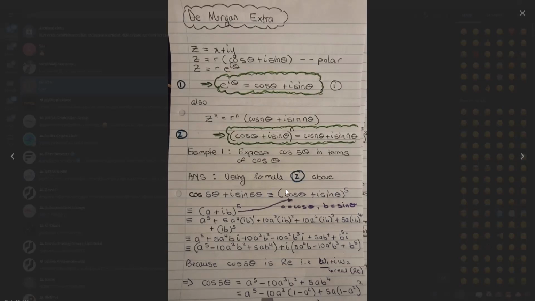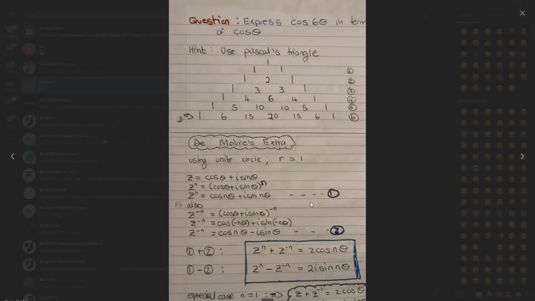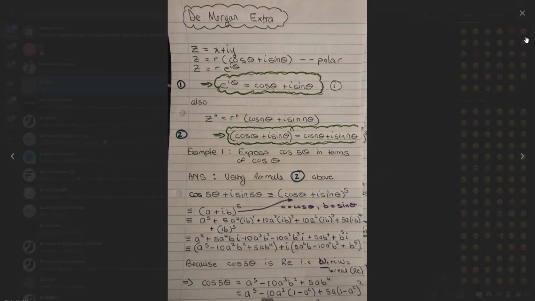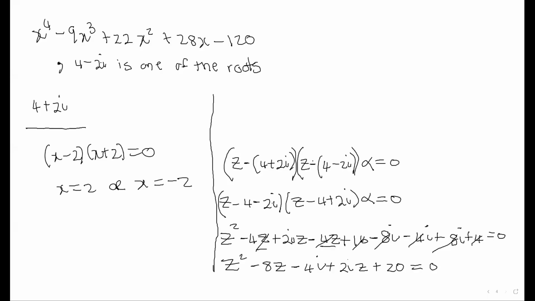I was just explaining the thought process. Right, and then 5. That's a long one. Let me just show you this one quickly. Is it cosine? Yes, cos 5 theta.